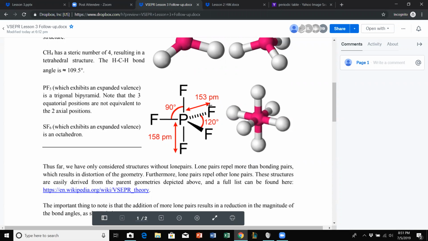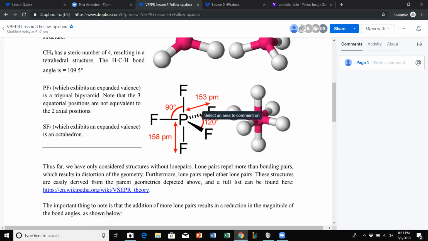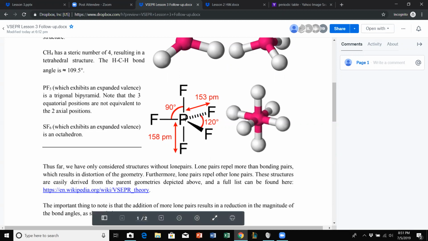The 3 positions in the triangle are called the equatorial positions, and these 2 positions are called the axial positions, and they're not the same. The axial bond is actually weaker than this bond, because of reasons which have to do with molecular orbital theory. So this bond is actually longer than this bond.